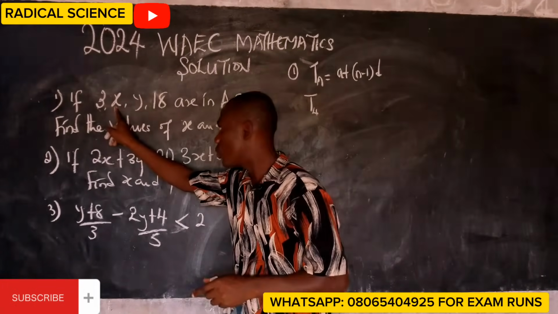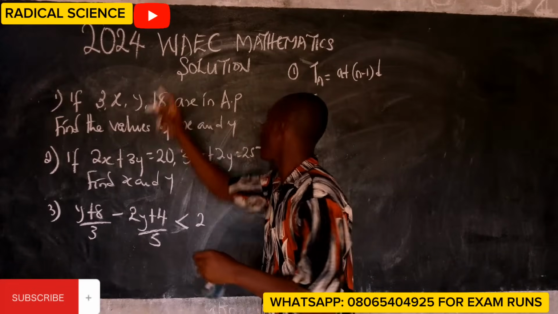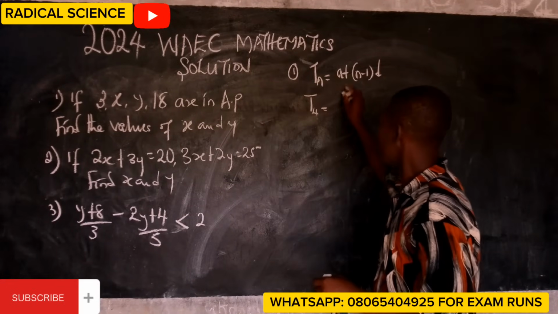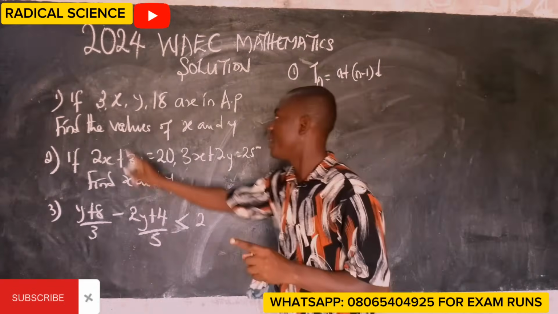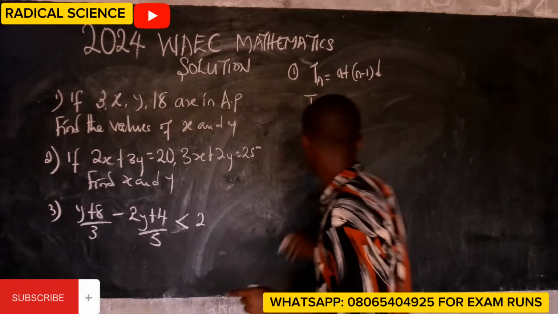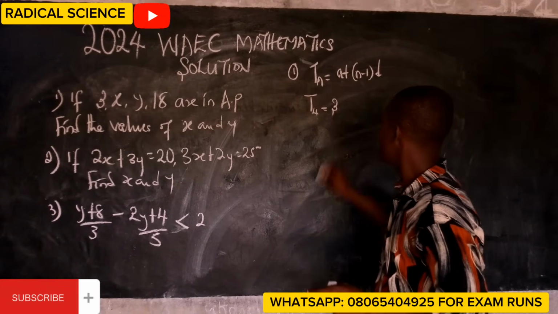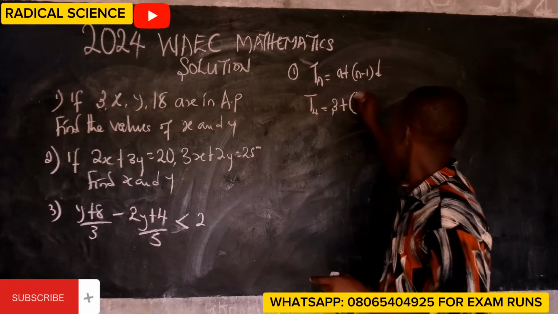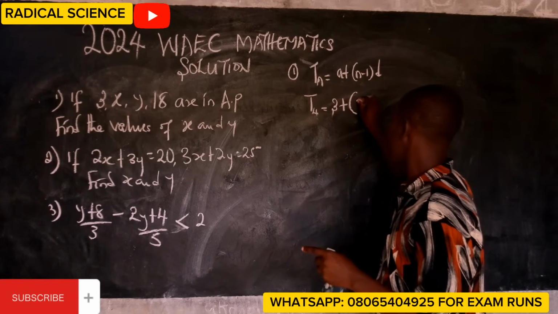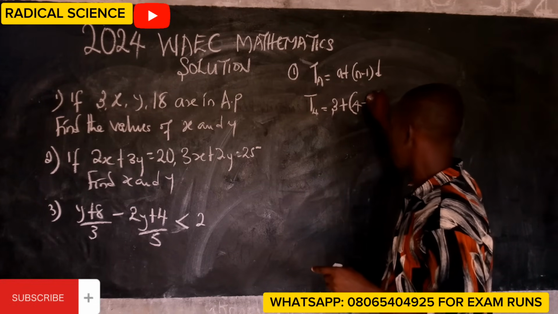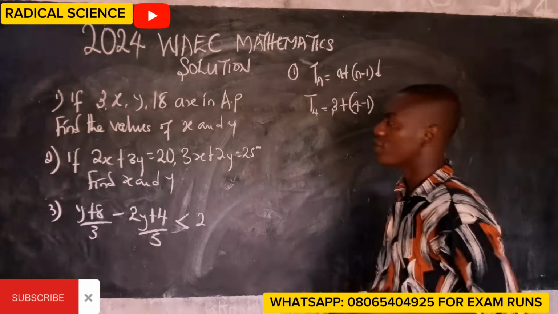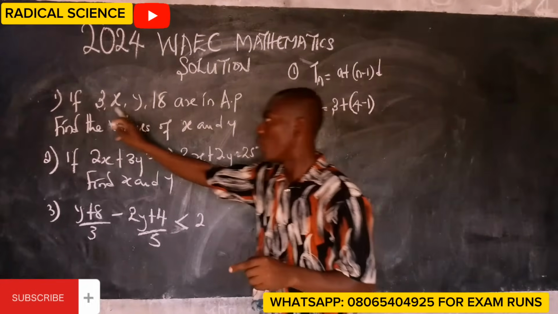1, 2, 3, 4. And a, having known very well that a represents the first term, which is 3, I will have 3, plus n, the number of terms, 4, minus 1. Please, I would like you to note that this 4 is the number of terms.